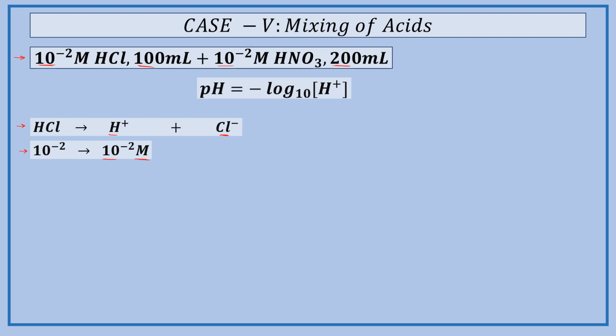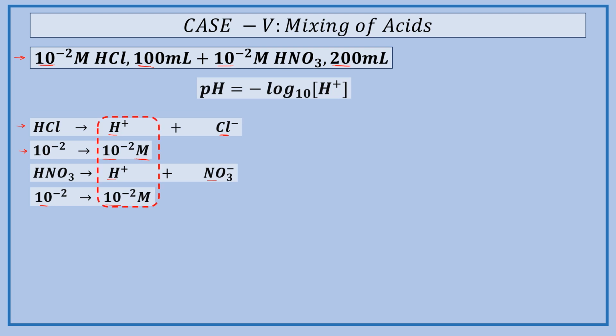Similarly, HNO3 acid dissociates in the form of H plus and NO3 minus ions, and again it is a strong acid as well, so it will also completely dissociate into its constituent ions. 10 to the power minus 2 molar HNO3 will give us 10 to the power minus 2 molar H plus ions. So we have the total H plus ion concentration from both the acids.